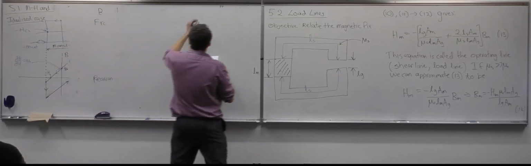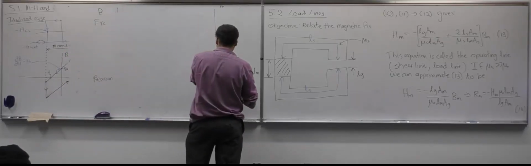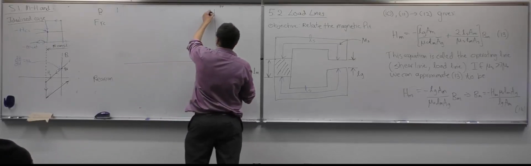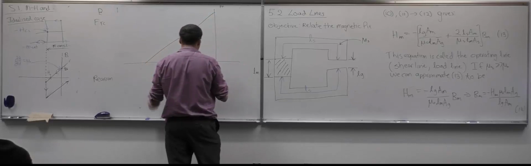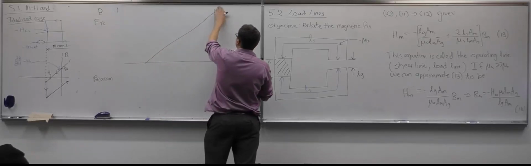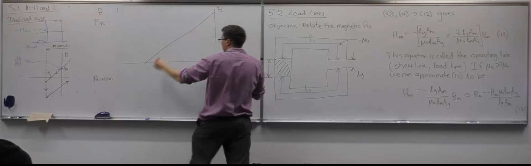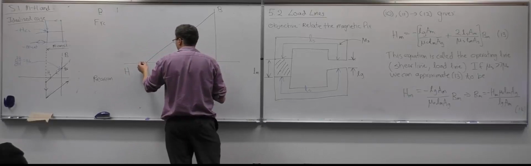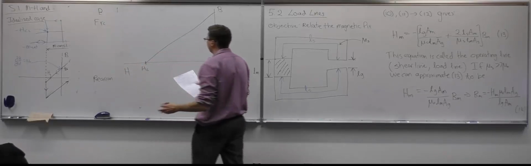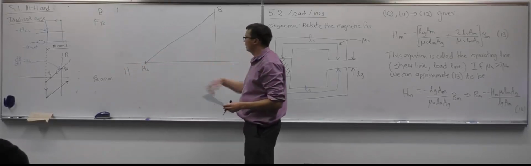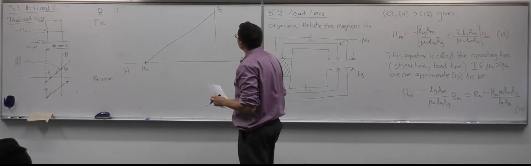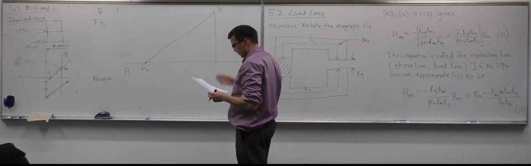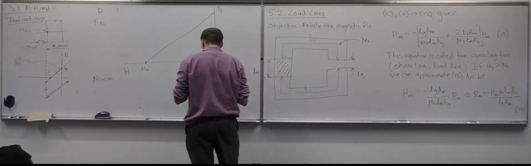So we have the BH curve for the magnet material, where this is Hc, and so this is a linear BH curve, because we've chosen the material so that it's nice and linear.